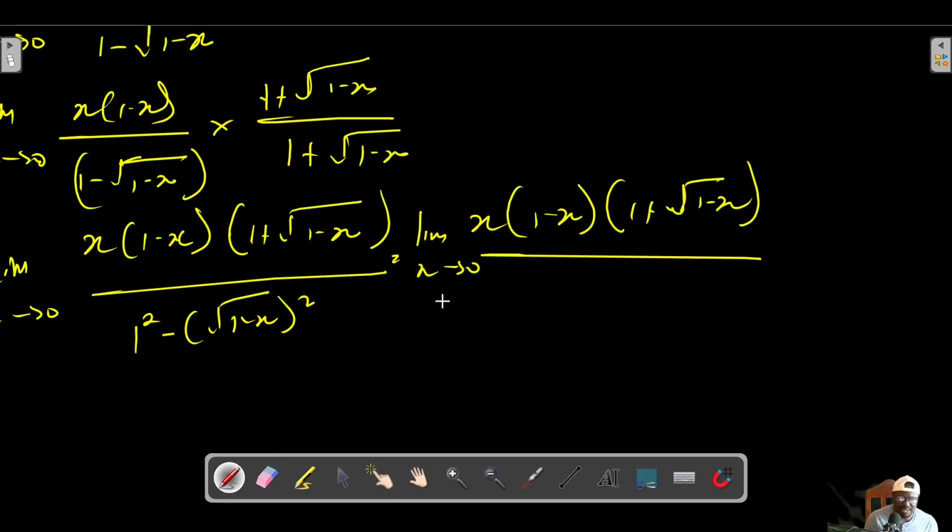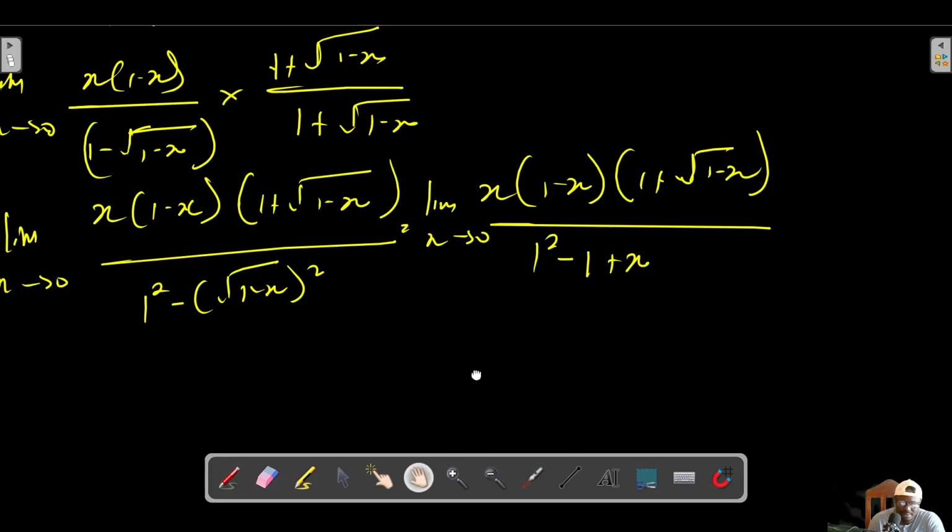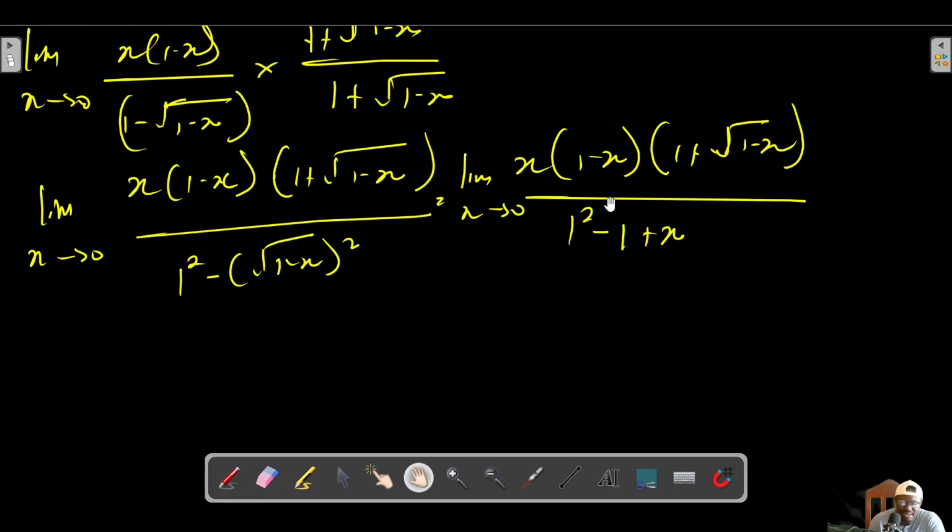Yeah, so here becomes x multiplying 1 minus x in parentheses, multiplying 1 plus root of the expression 1 minus x, all divided by 1 squared minus 1 plus x. Then what are we going to get? As I said, the limit as x is approaching 0, you realize that there will be x on the denominator, so x cancels.